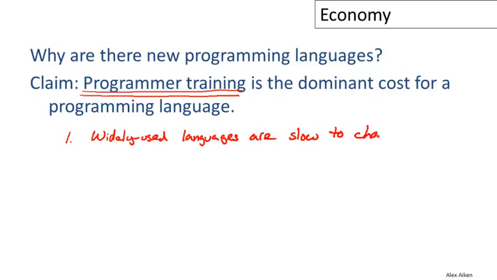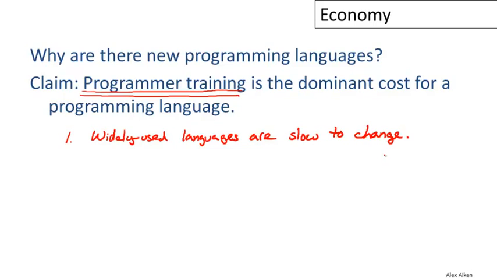And why should that be true? Well, if I make a change to a language that lots of people use, I have to educate everybody in that community about the change. And so even relatively minor language extensions, small changes to syntax, small new features, even just simple changes in the interface of the compiler, if you have a lot of users, it takes a very long time and is quite expensive to teach them all about that.